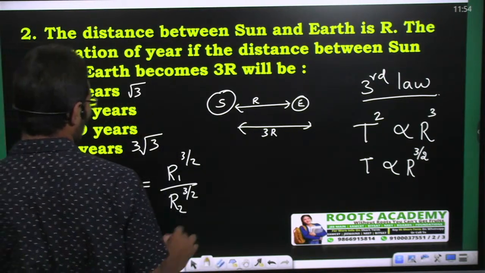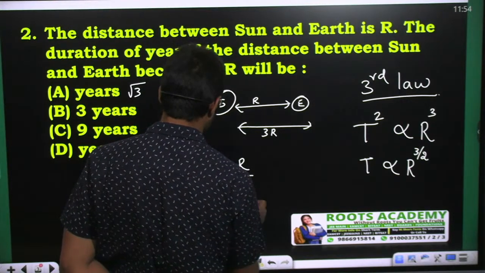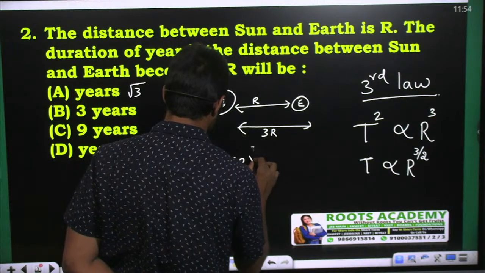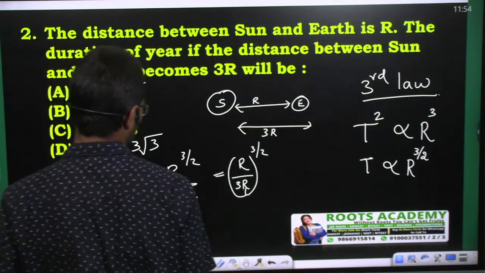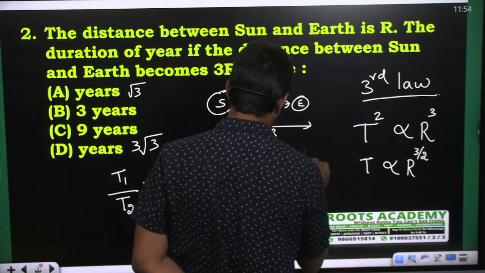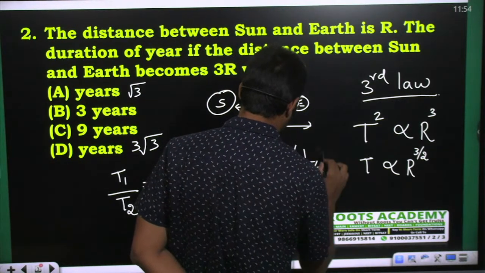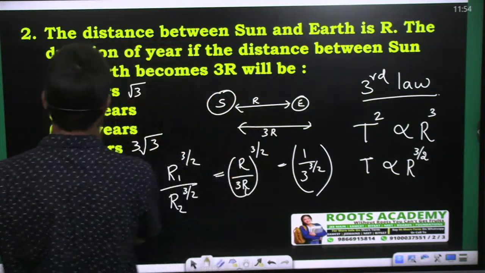So what is R1? R. What is R2? 3R, whole power 3/2. So what do we get? 1 by 3 power 3/2. T1 is equal to, when it is R, it is just a year.